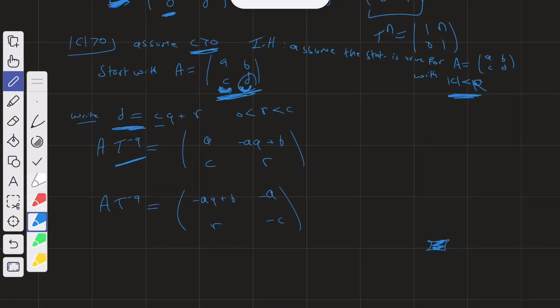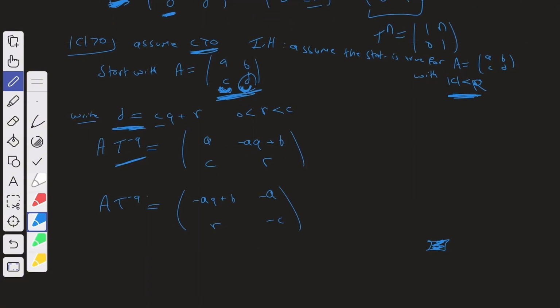And then we're just going to hit this by S, because if we hit this by S, we're going to interchange these columns, and we're going to change the sign of the column in here, and we would have just gotten a new element, C prime, that is strictly less than C.